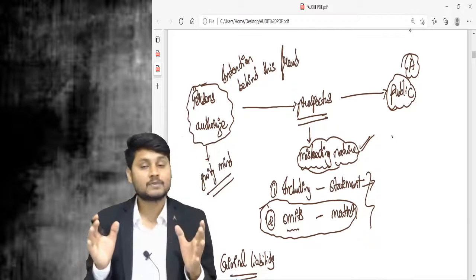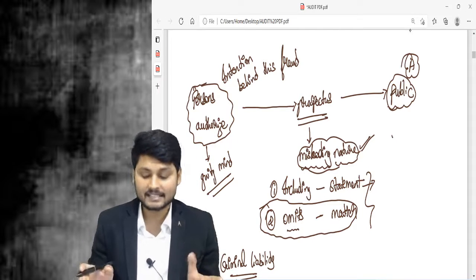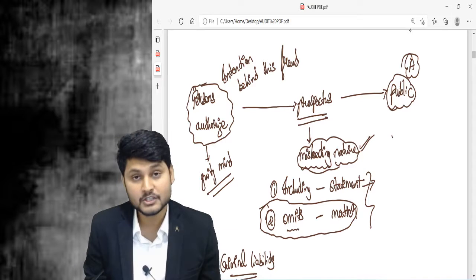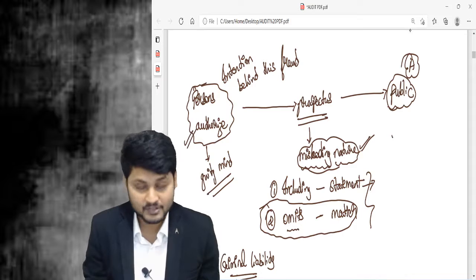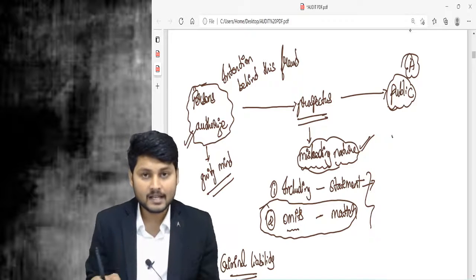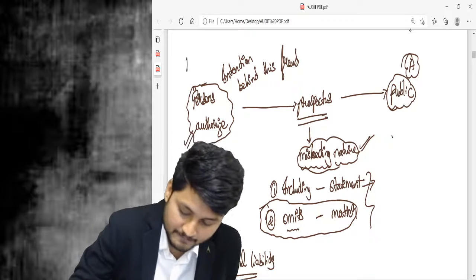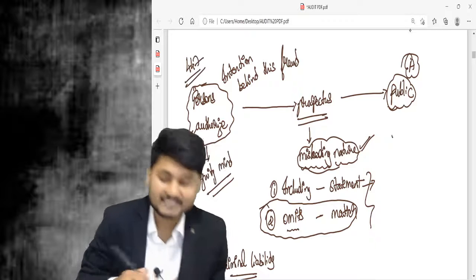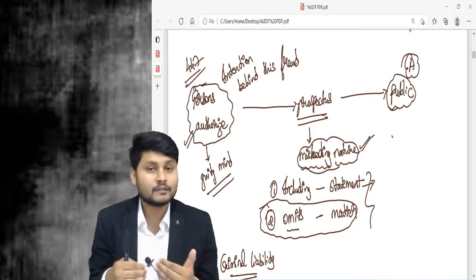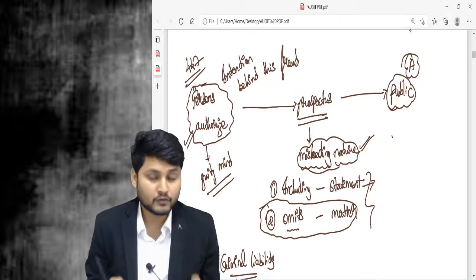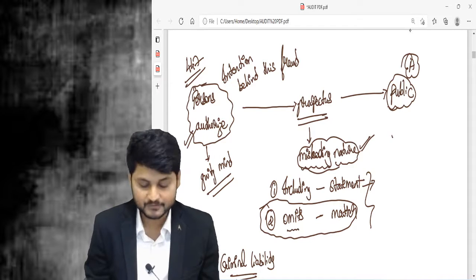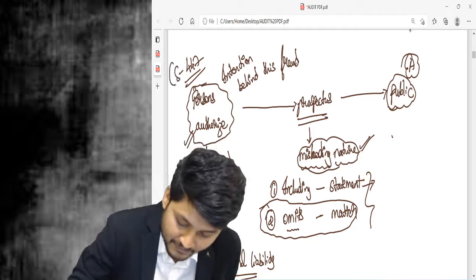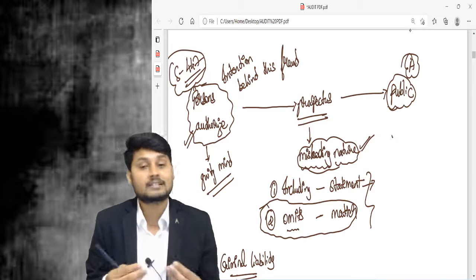If this situation exists, then those persons who are authorizing the prospectus are liable under section 447. Later, by the end of this chapter, we will be discussing section 447. It prescribes the punishments to be imposed in case of fraud.